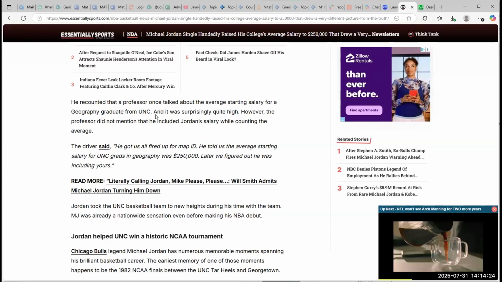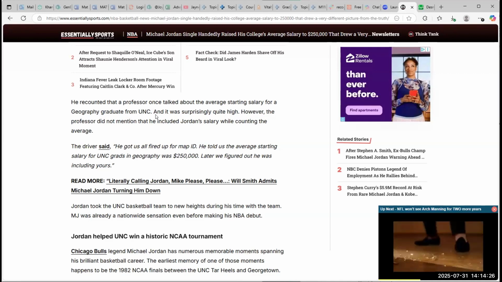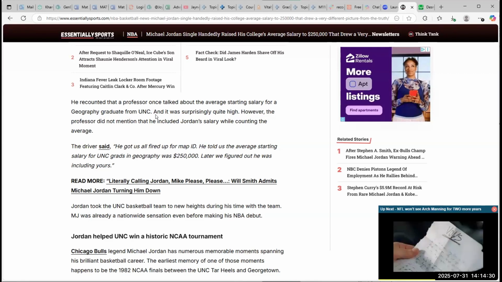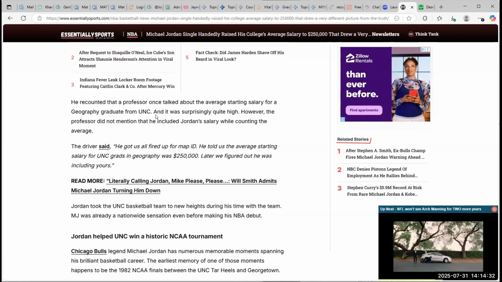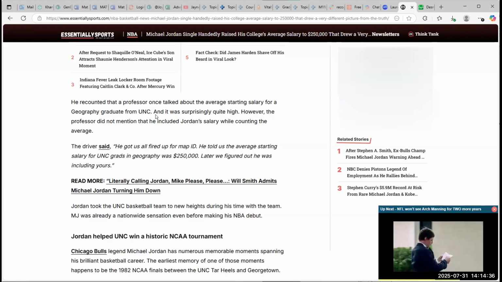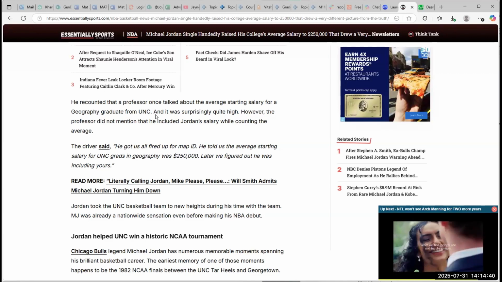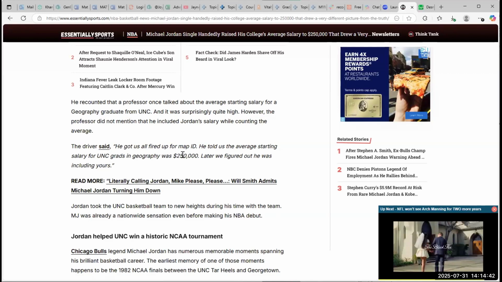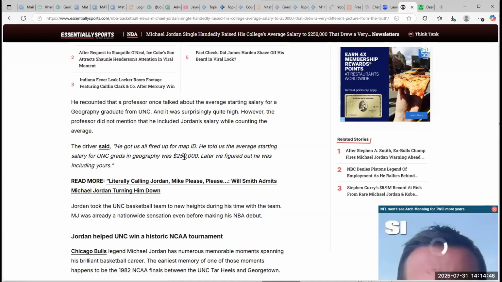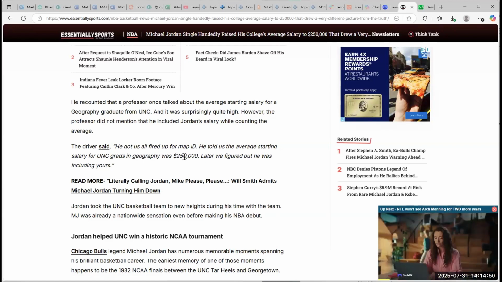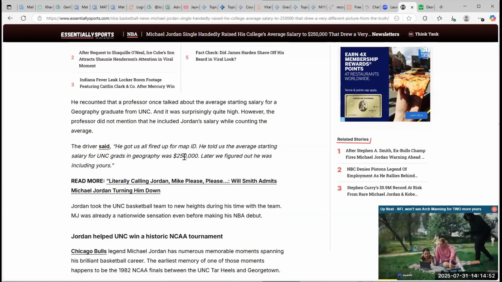A cab driver met him, someone who was giving him a ride, and said, I was a student also at the University of North Carolina studying geography, and I got so fired up because the professor told us that the average starting salary for graduates was $250,000. This was back in 1986. Michael Jordan graduated from UNC in 1986. That would have been a lot of money in 1986.